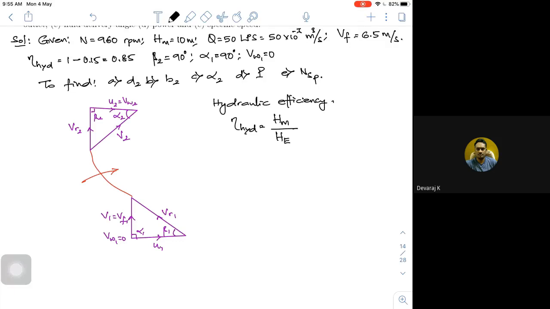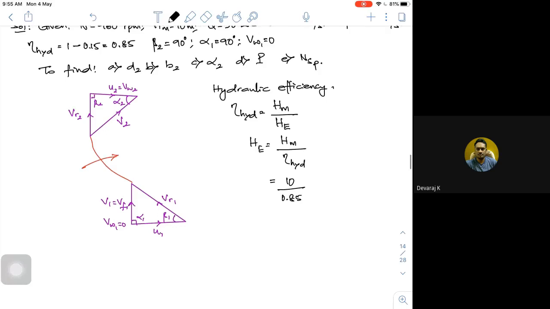So your Euler head will be equal to the manometric head divided by hydraulic efficiency. They are given the manometric head as 10 meters divided by the hydraulic efficiency as 0.85, that is after losses. So I'll be getting my HE.